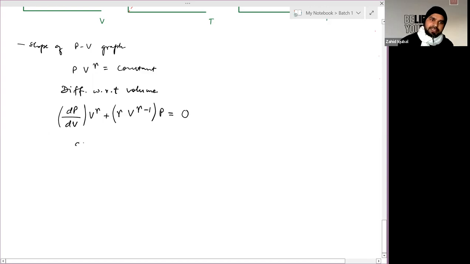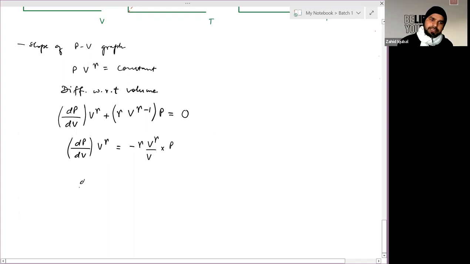Now just simplify it. dP by dV multiplied by V to the power gamma equals to minus gamma V to the power gamma and V to the power minus 1, multiplied by P. So V to the power gamma and V to the power gamma will cancel out.